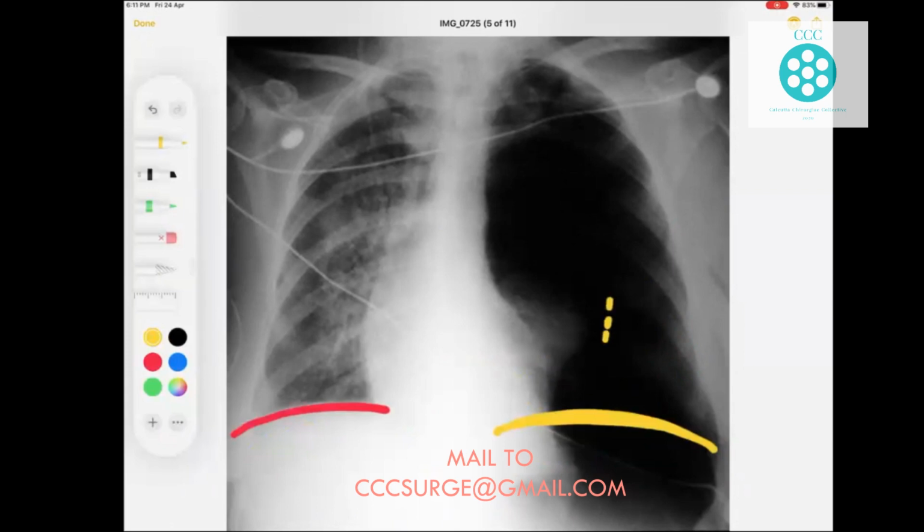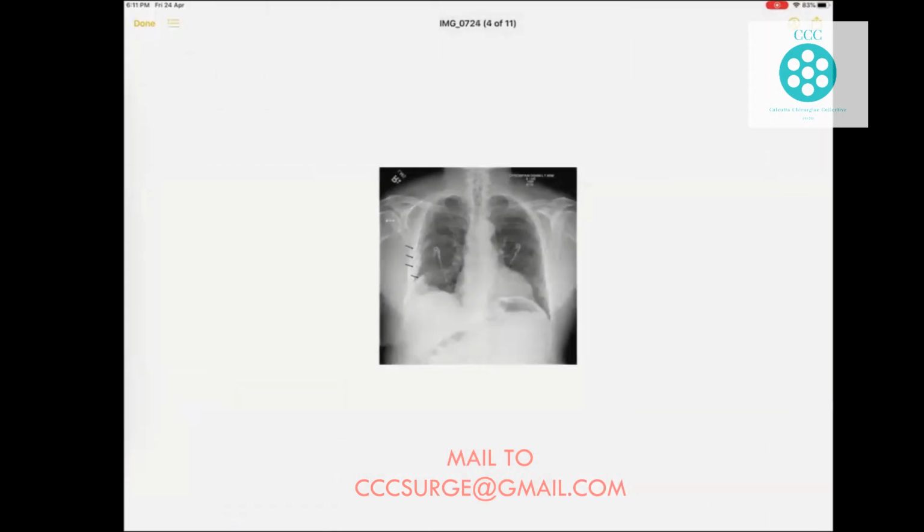What happened due to the air? The diaphragm not only became flat, in this case, forget convex, it became concave. So if you are given this picture and asked for the diagnosis, this is a tension pneumothorax. This is something that you are required to remember.